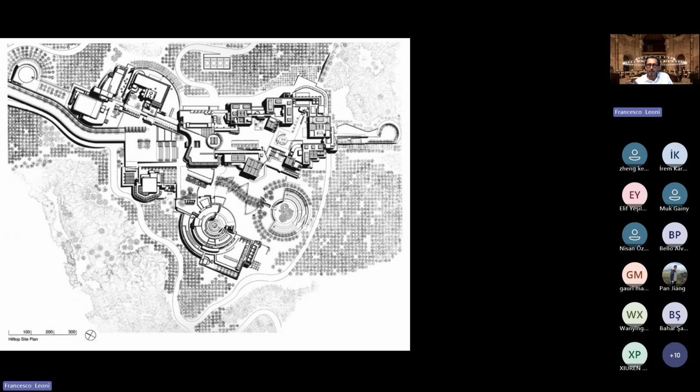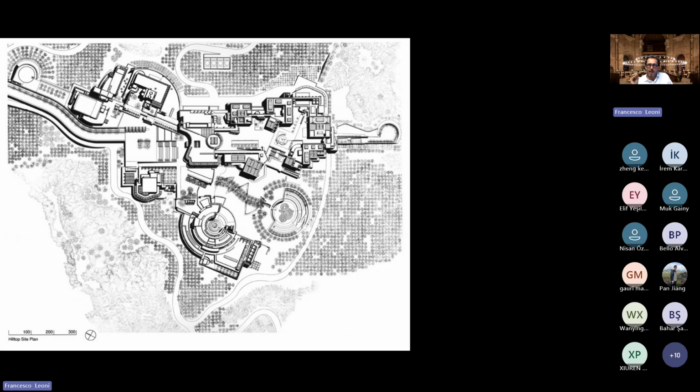from Richard Meier, when Richard Meier in the 80s designed the Getty Center for Art in Los Angeles 40 years ago. As you can see from this plan, the organization of this complex that is 40 years old is exactly the same of Villa Adriana, that is 2000 years old.